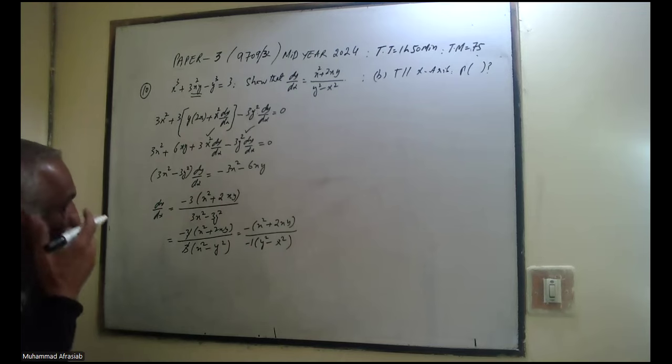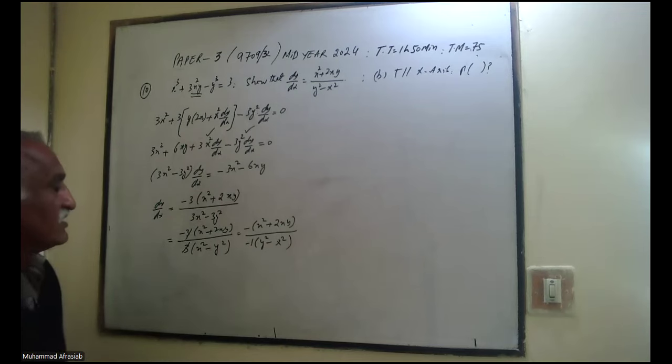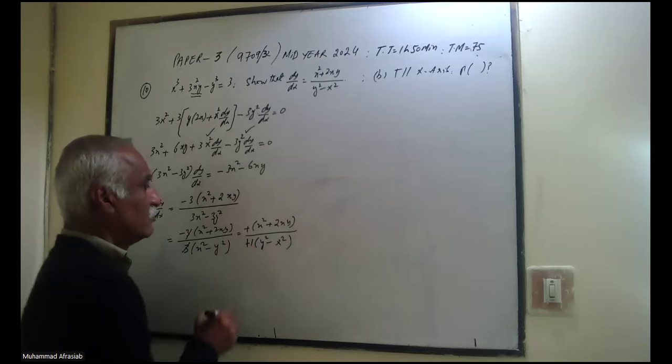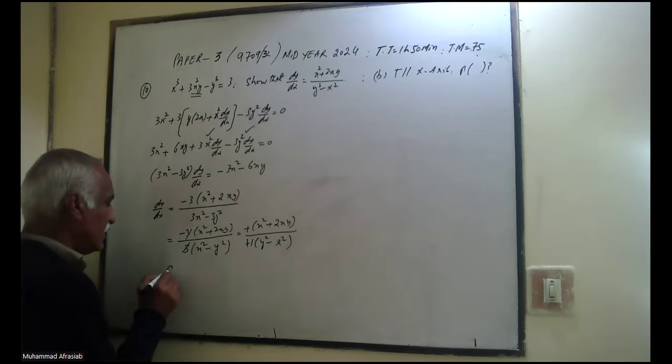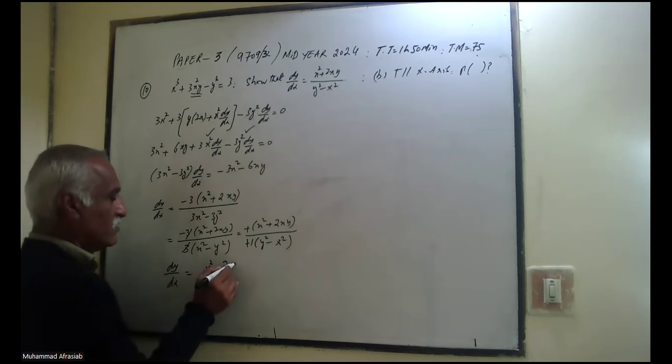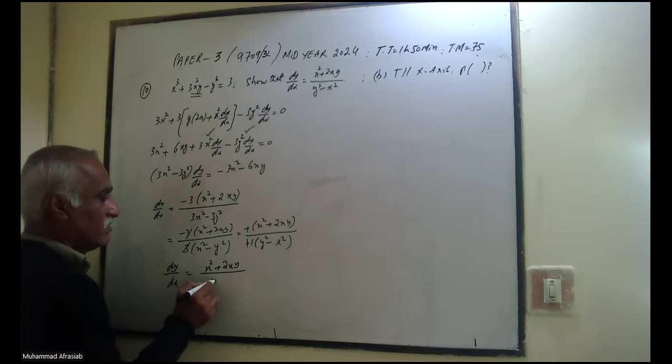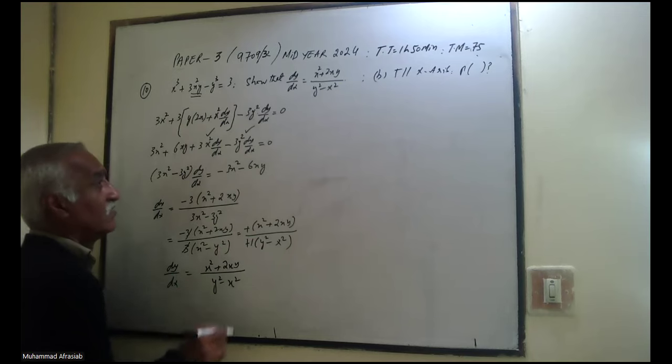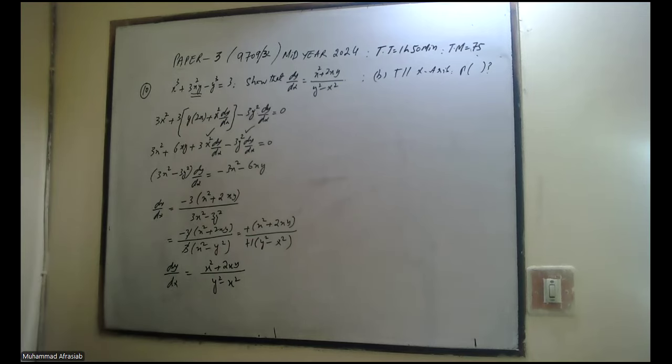So you are taking minus 1 as common, so it will become y square minus x square. So this and this, that is going to be cancelled out. So finally, dy by dx is equal to x square plus 2xy over y square minus x square, which is the proof of this first part there.